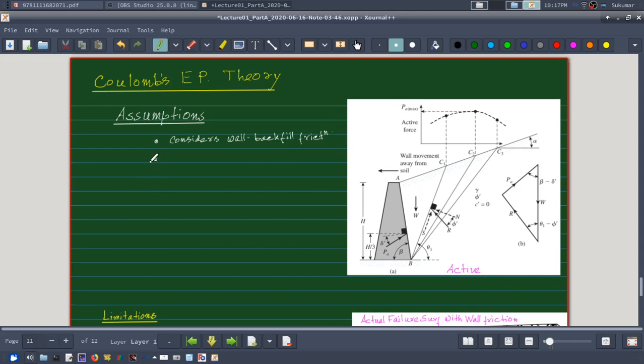Secondly, the soil is again assumed as cohesionless and homogeneous and isotropic.